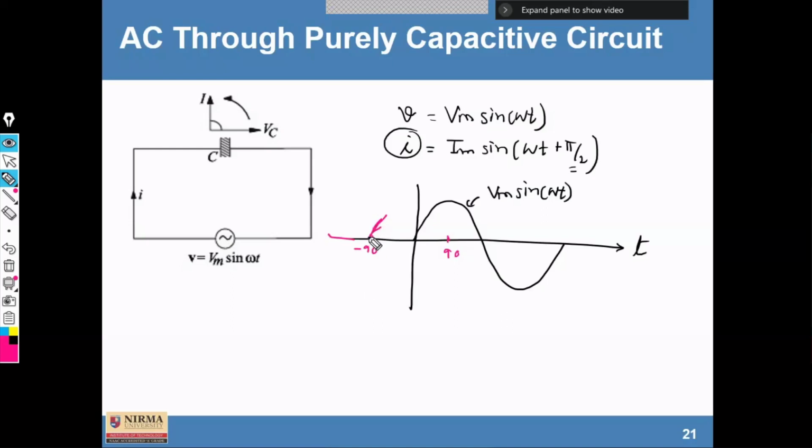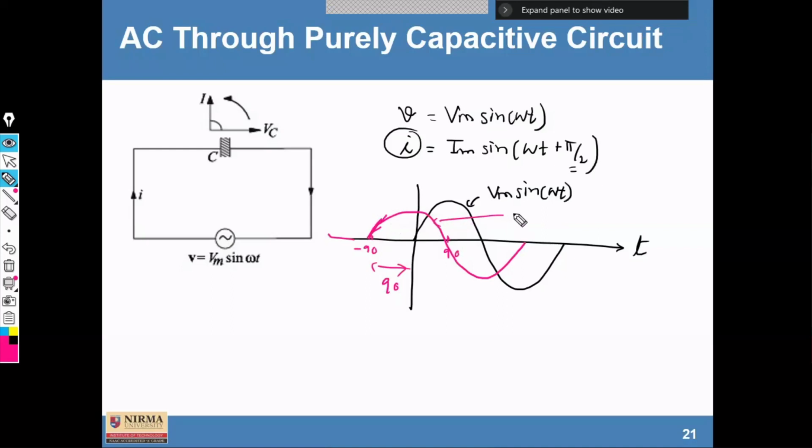So we can draw this current waveform in this fashion also. This is the current vector, and the difference is 90 degrees here. So the current leads by 90 degrees in a purely capacitive circuit with respect to voltage, and the voltage vector lags the current I by 90 degrees.